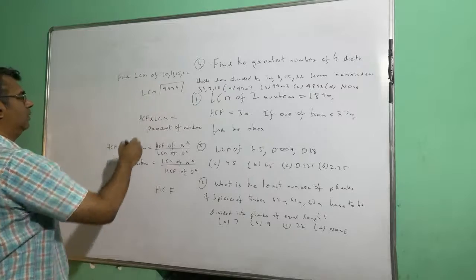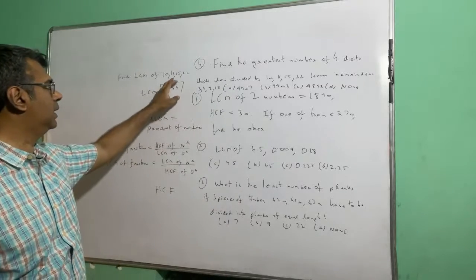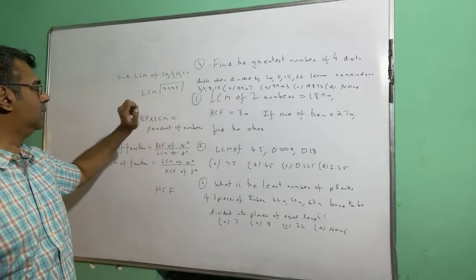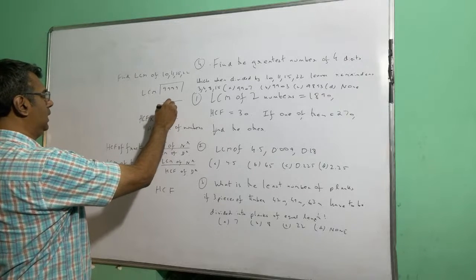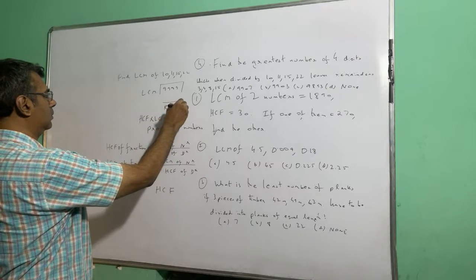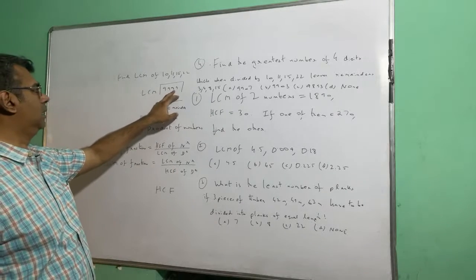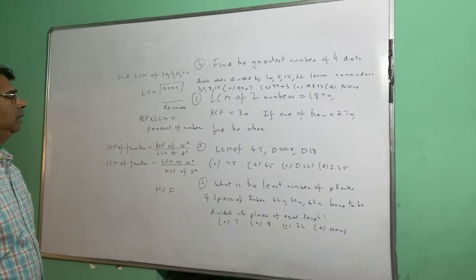Then you divide 9999 by the LCM. After you divide it by the LCM, you will get a remainder.